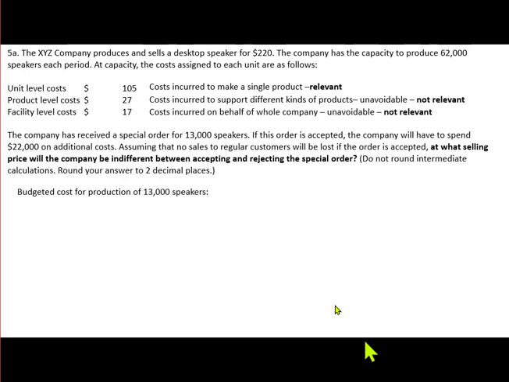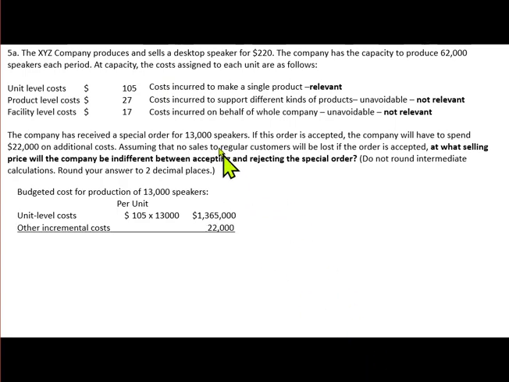So the budgeted cost for production of 13,000 speakers, that's this special order right here, would be as follows. Unit level cost, which are the only ones that are relevant, 105 times 13,000, which is $1,365,000. Other incremental costs are $22,000. They said they would incur these costs if they took this order on.